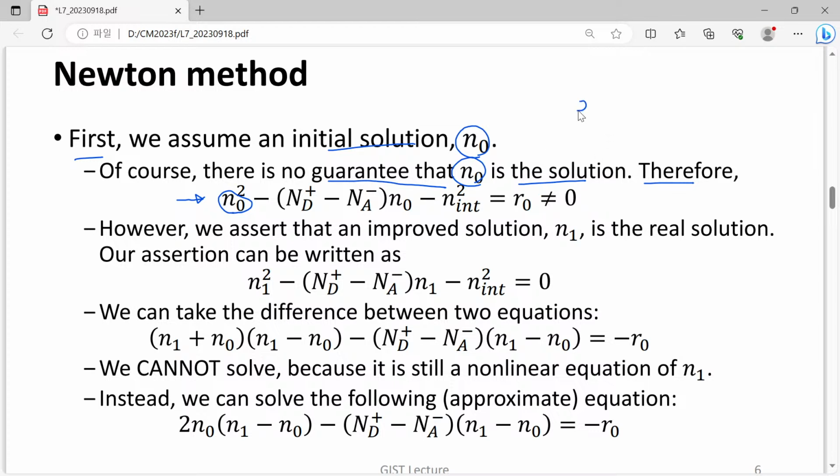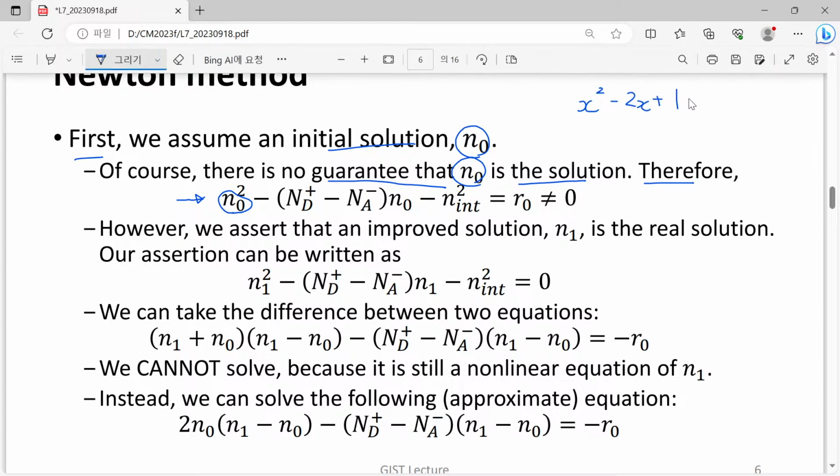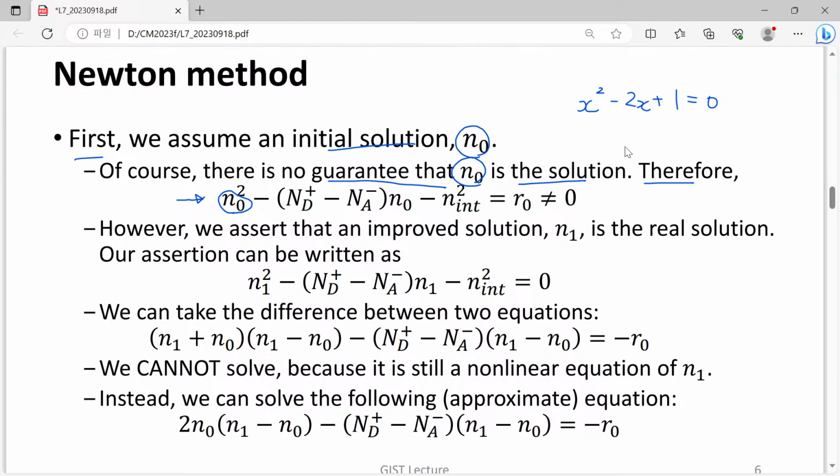So let's consider a simple example. You want to solve this one. What is the answer? You understand 1 is the answer. However, let's assume that you are not much educated. Then you must guess the answer.